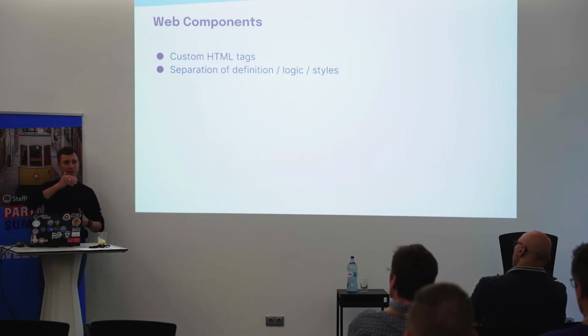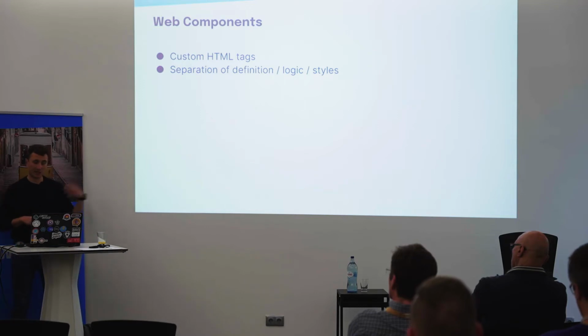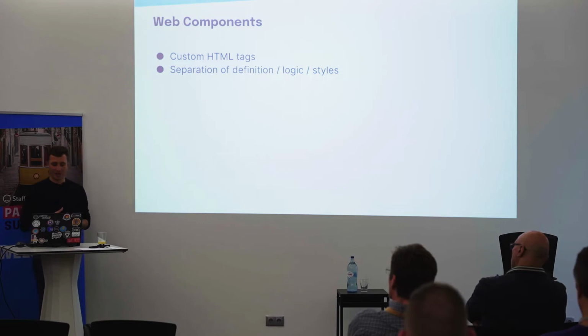We don't have to put the same DOM elements into our HTML file, handlebar file, whatever. We don't have to repeat the logic, the tiny JavaScripts that we are injecting into our handlebar templates, and we don't have to repeat the CSS. We can take all of that together, put it into the web component, which I'm going to show you later how to do, and reuse it in multiple handlebar templates.